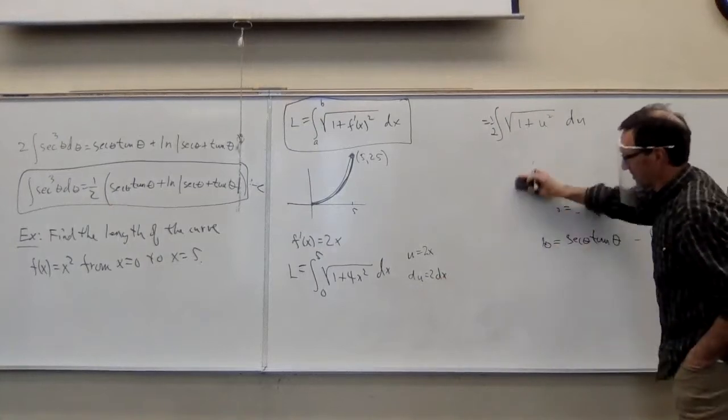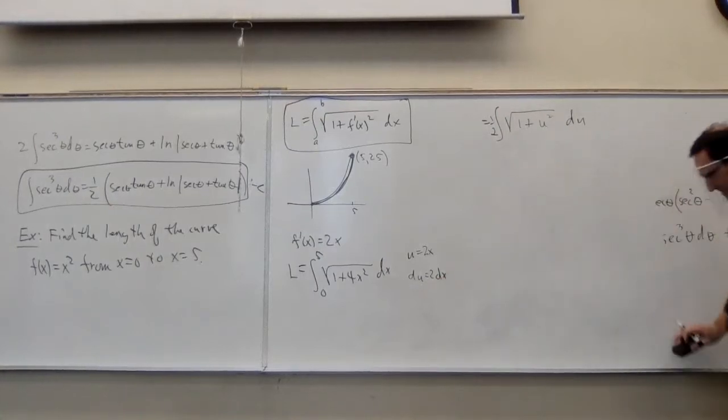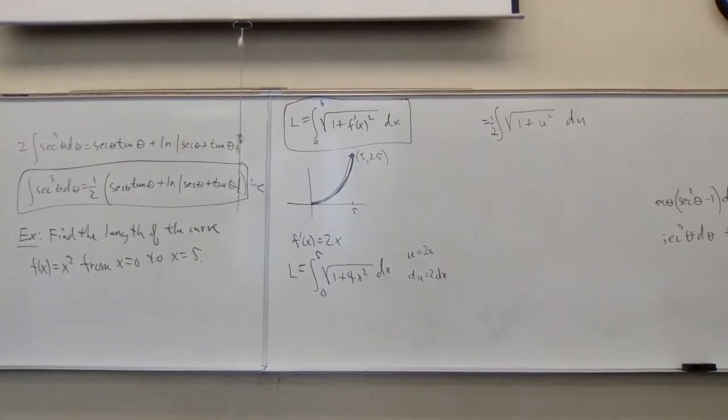Because it's a definite integral, I can change my limits. So I don't have to substitute back, which involves some detail to write it back in terms of the original variable.